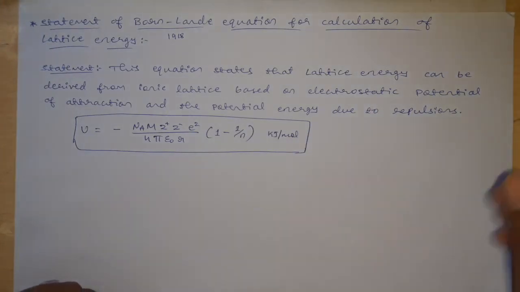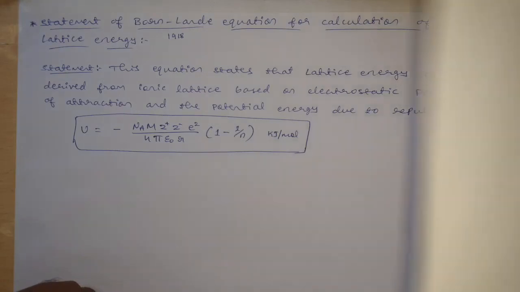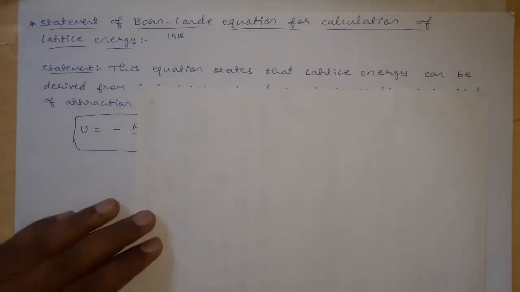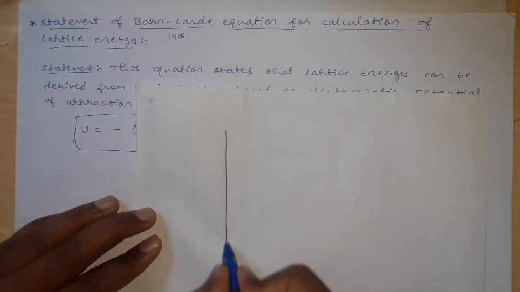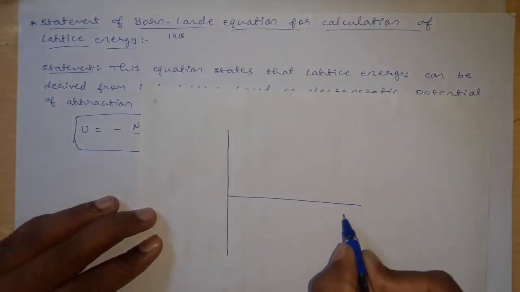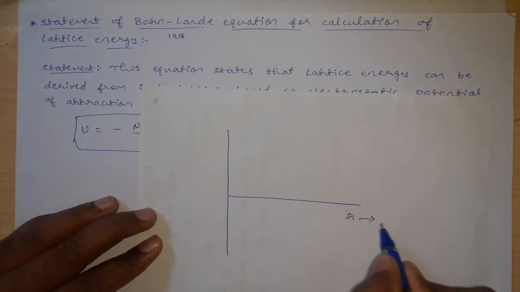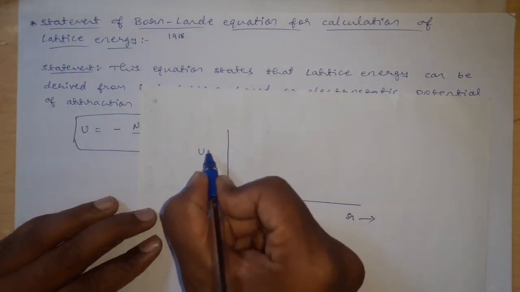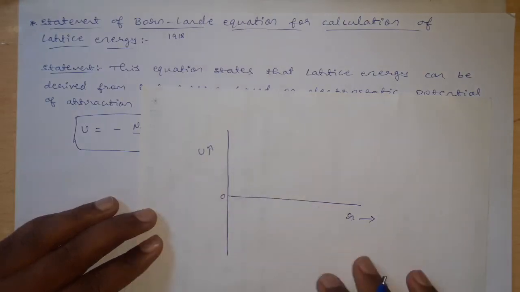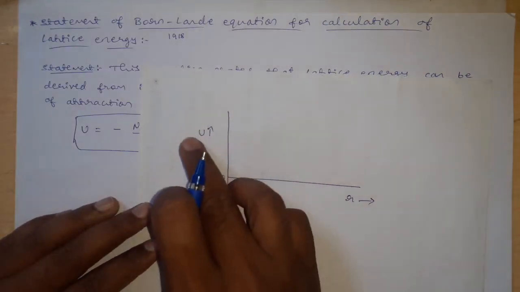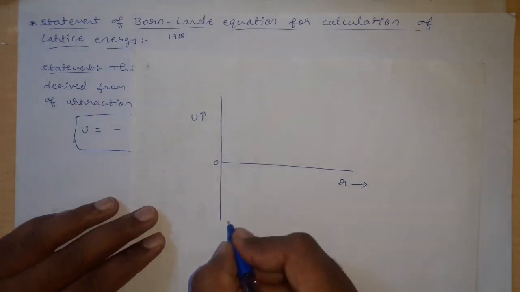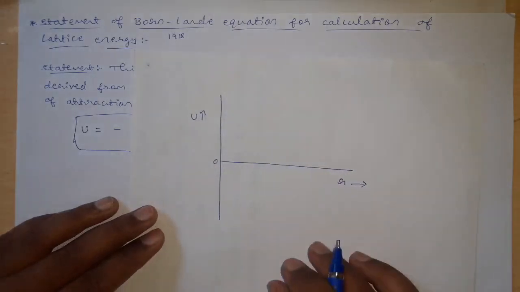Then why do we speak of the energy due to attraction and the energy due to repulsion? See here, we can draw a graph. This is r, and here is the lattice energy or potential energy. Below this line is negative value and above it is positive value.